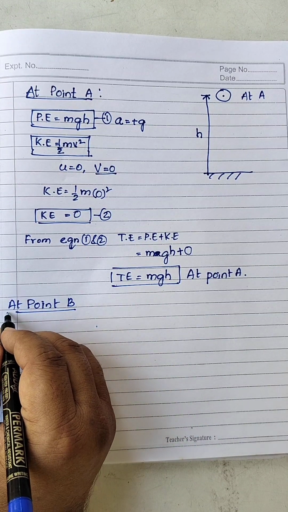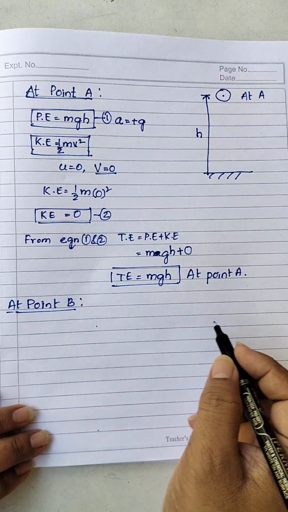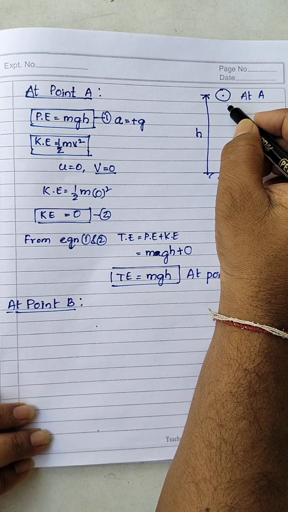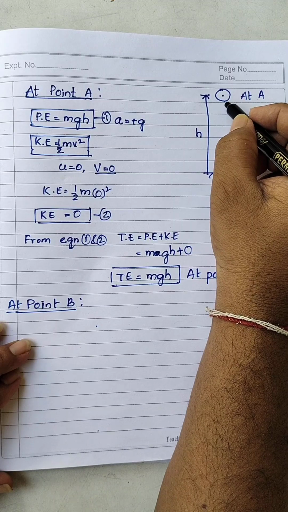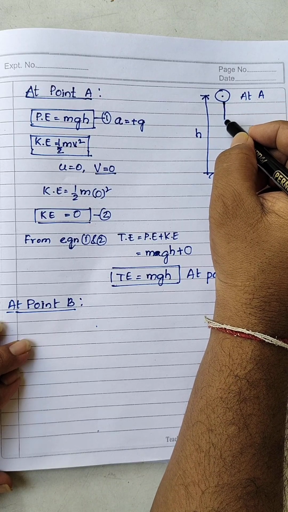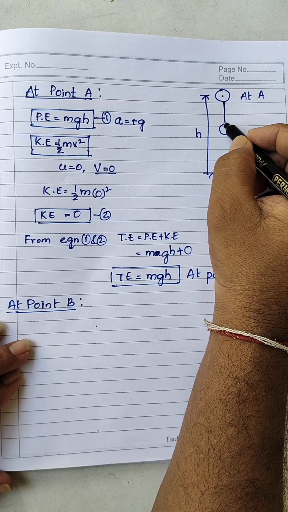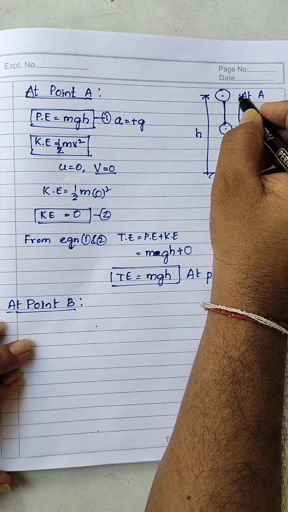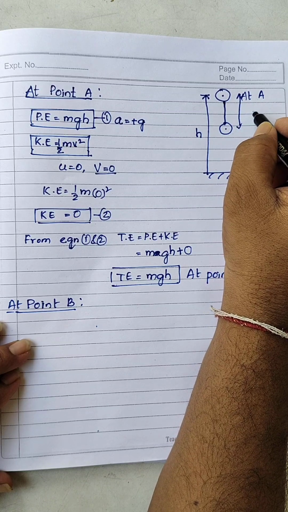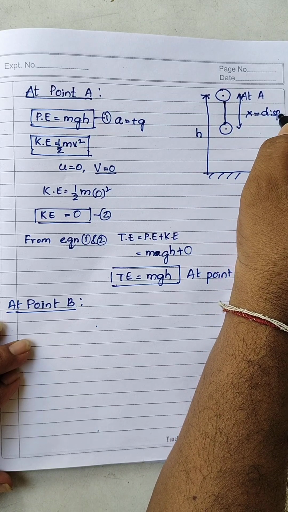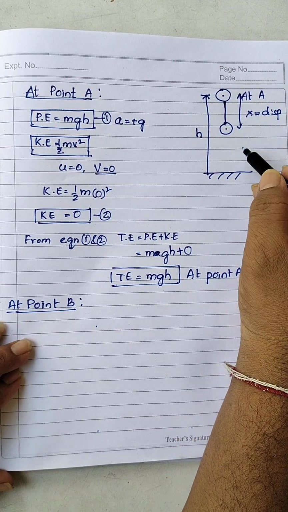Point B. So see this diagram. Suppose it is coming from A to B, and it is displaced from here to here. This displacement I write x. x is the displacement.